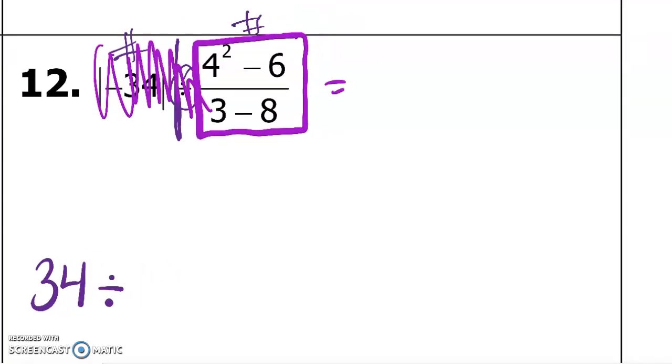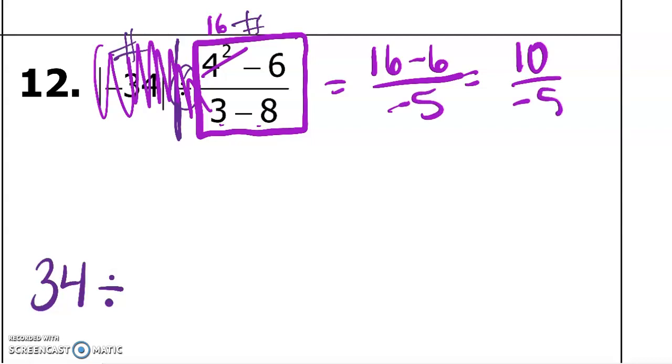So for the top, 4 squared is 16. So I have 16 minus 6, which is 10. On the bottom, 3 minus 8 is -5. So 10 divided by -5 is -2. So you do actually do that division before you do the other division. So anytime you have a big fraction, you need to get that down to one number before you do anything else on the outside.